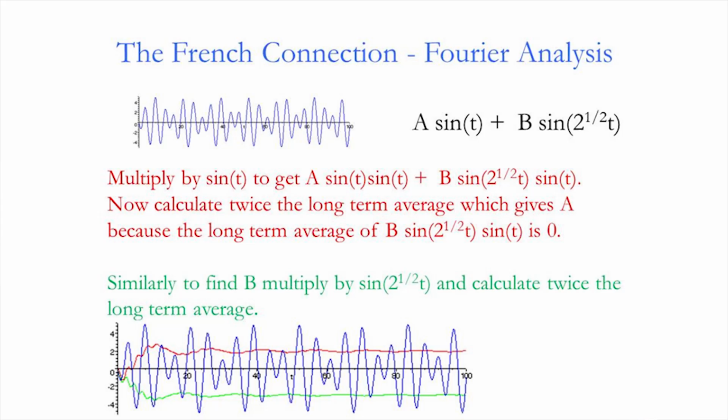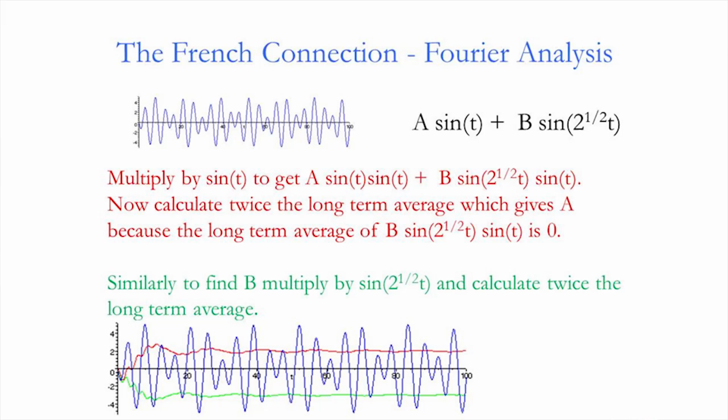If you now calculate the long-term average of this expression, the B term will average out to give you 0. The reason for that is that if you've got a product of 2 sine terms that are not the same, they can be written as the sum of 2 other sine terms.